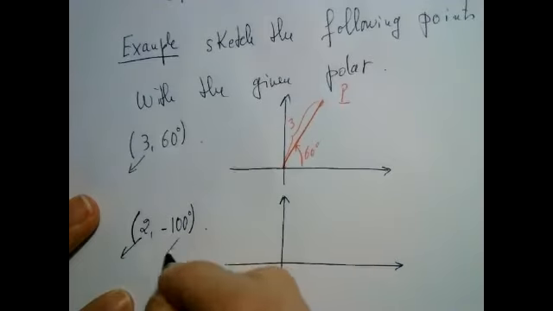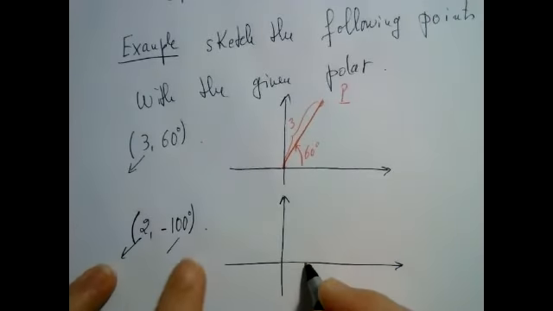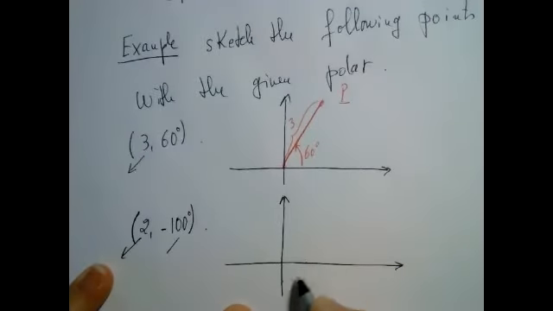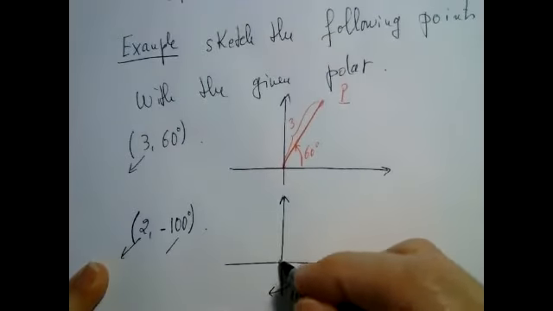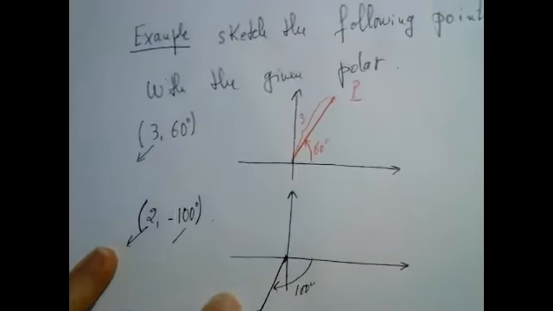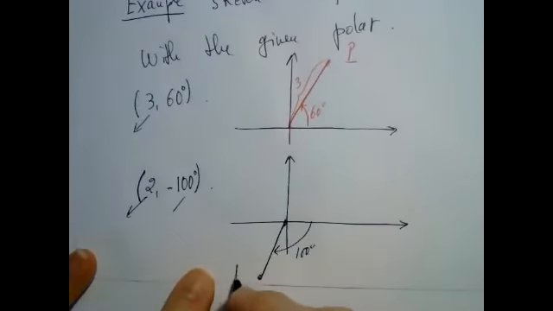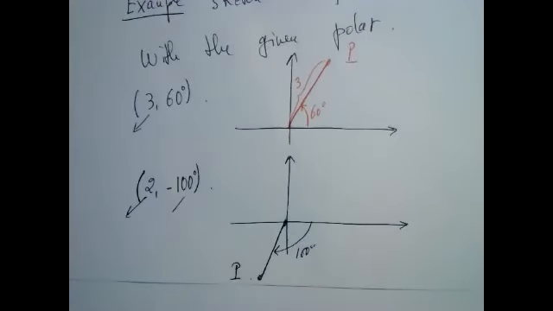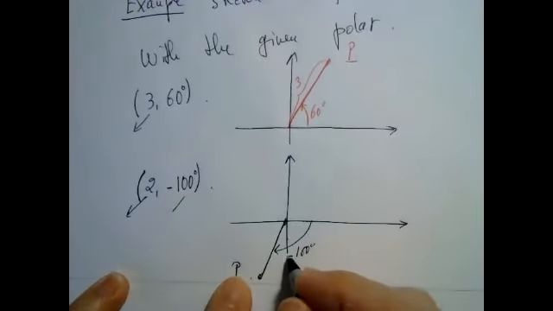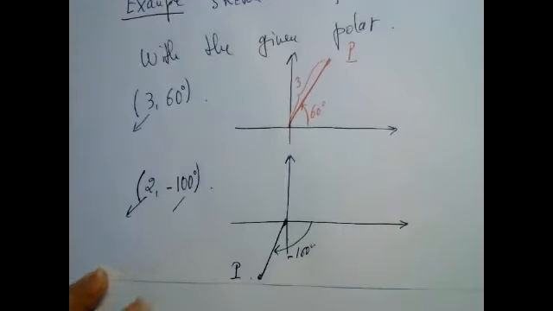This is the angle. From here, I need to go 100 degrees. Up to here it's 90. I'm going to go backward 100 degrees. That's the angle. And then I have to move 2 units away from the origin, and this will be my point P. So it's a different way to locate a point, pure and simple. Sorry, that's minus 100, it means we move this way.